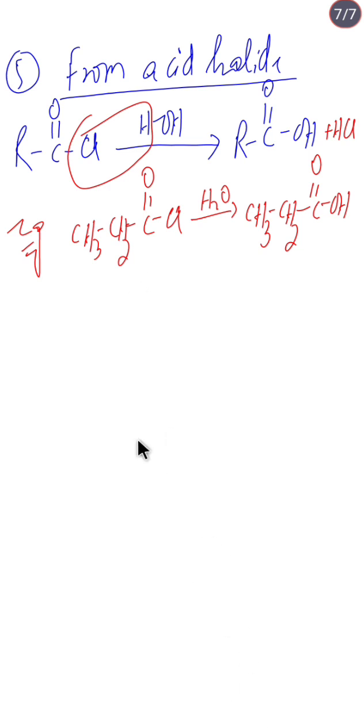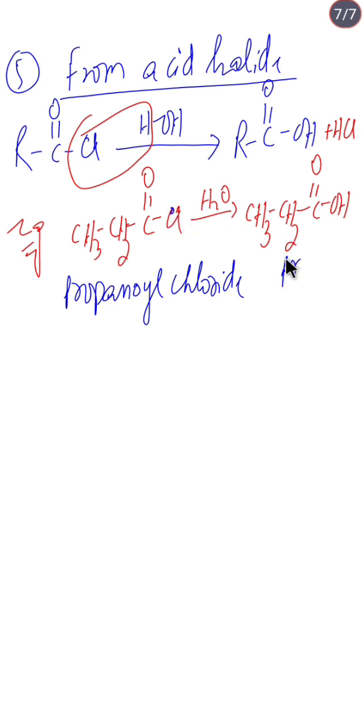This compound has 1, 2, 3 carbon atoms, so it is named propane; after removing e and adding oyl chloride, we obtain propanoyl chloride. The IUPAC name of this compound is propanoyl chloride, and we obtain propanoic acid.